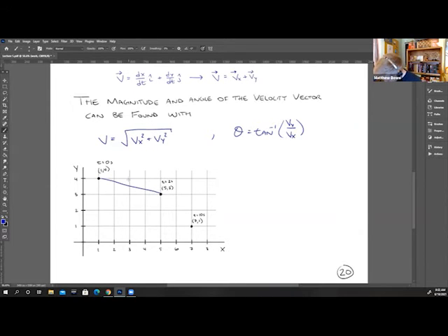And let's just call this path A or vector A, or you could call it displacement vector A, whatever you want to call it. We want to find velocity of that. Actually, yeah, let's call that displacement vector A.